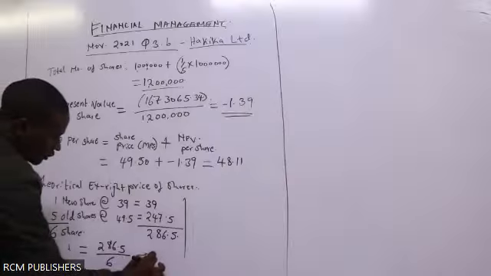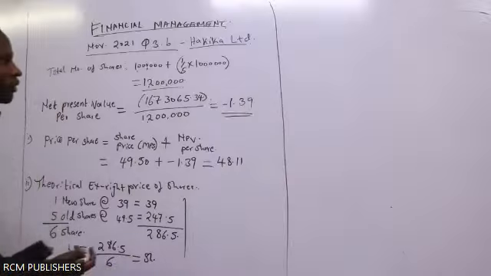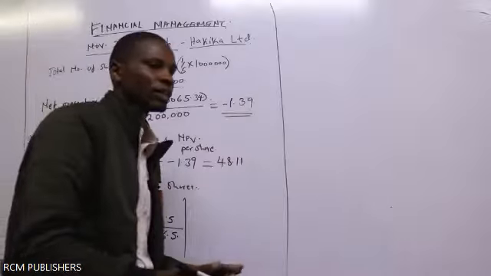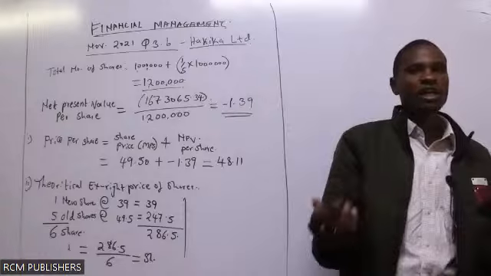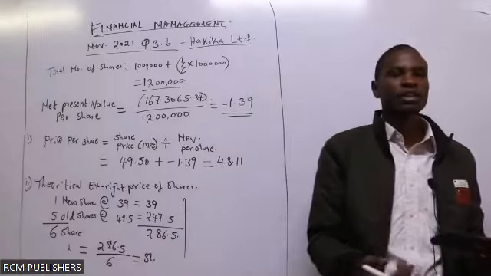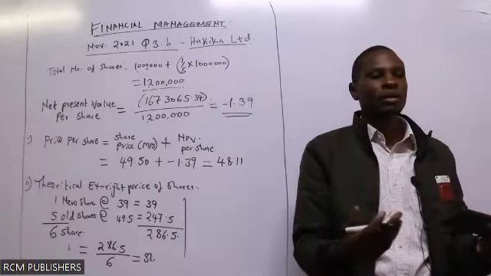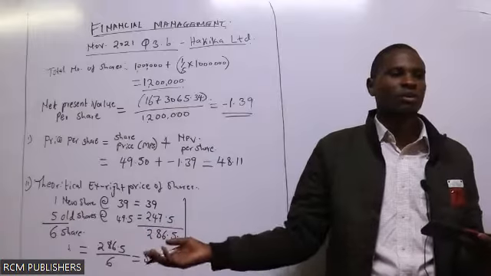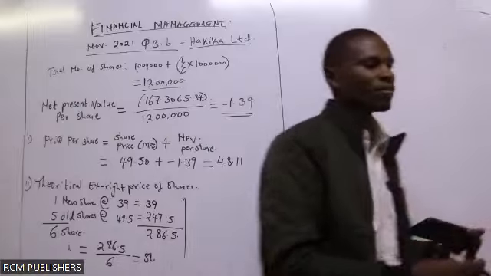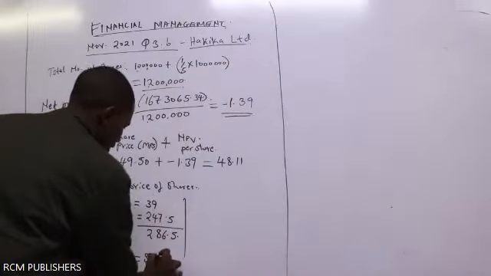How much will it be? So anytime you find an examiner telling you one share for 5, get the theoretical price. So you can see we have 47.75.